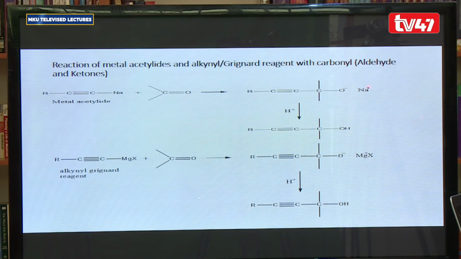Of course, if the metal is replaced by hydrogen, then you end up with an alcohol. Because the metal is there, this one is what we call an alkoxide, in which you have a triple bond at the position where the carbonyl carbon joined the carbon of the carbon to carbon triple bond.